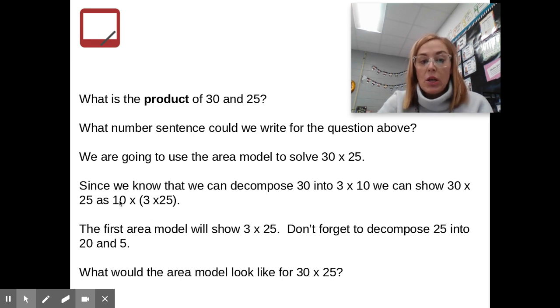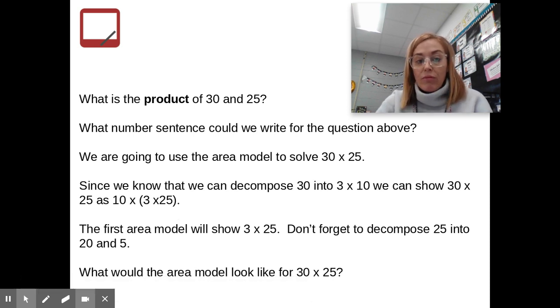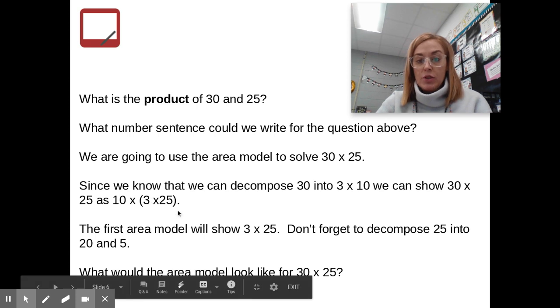Because 10 times 3 is 30. And so we can break that apart, and we know we can move our parentheses around to show what we want to do first. So the first area model we want to look at would be just trying to solve 3 times 25.